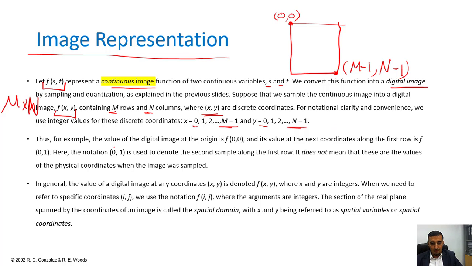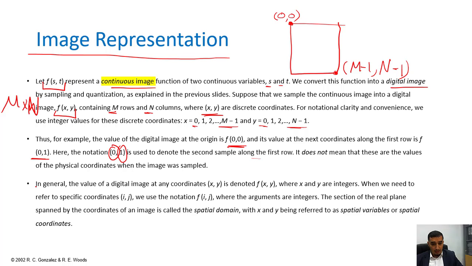So for example, the value of a digital image at the origin is 0, 0, and the next coordinate is 0, 1. The notation 0, 1 denotes the sample in the first row and column number 1. Okay, first row and column number 1.